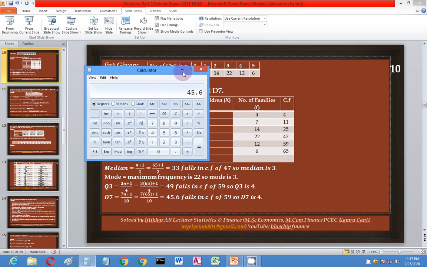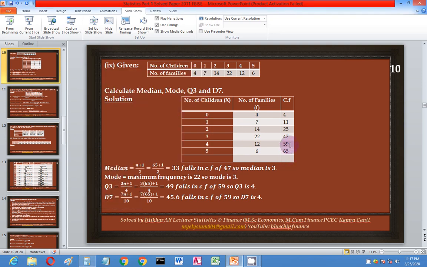So 45.6 falls in cumulative frequency of 47, not 59. So decile 7 will be 3, not 4.